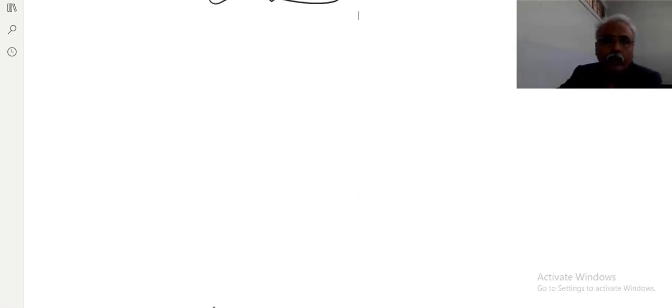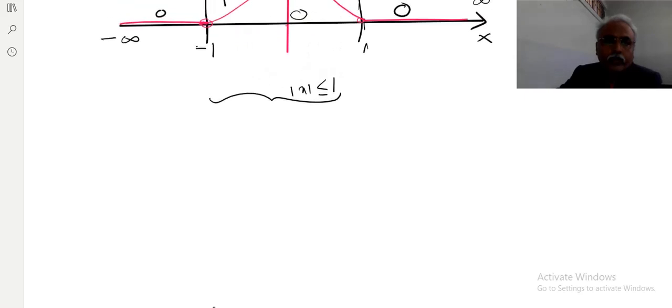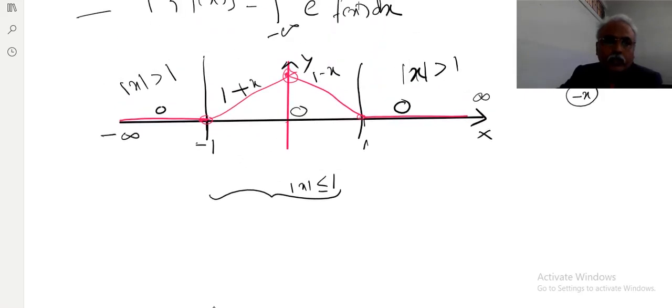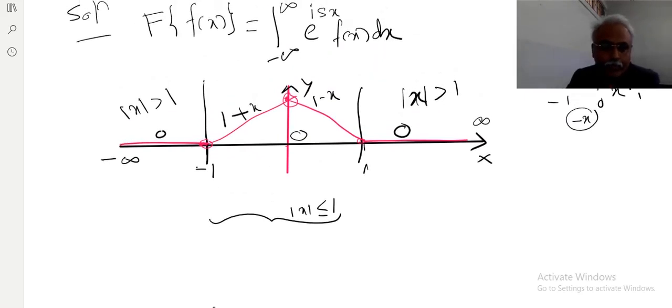So the Fourier transform of f of x looks like this now. The Fourier transform of the given function f of x becomes some function of s. This integration has to be broken into 4 parts in this fashion: minus infinity to minus 1 is the first part.